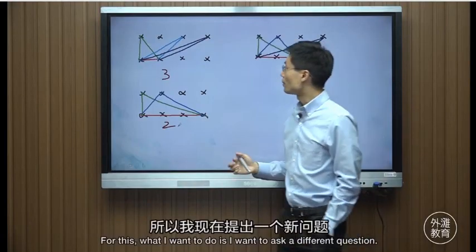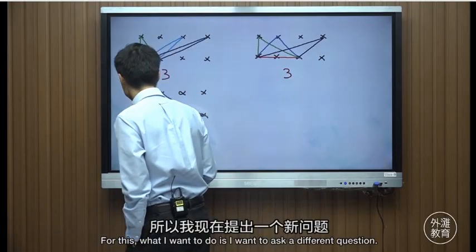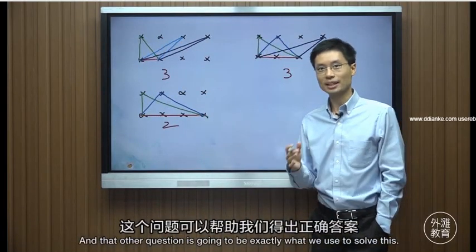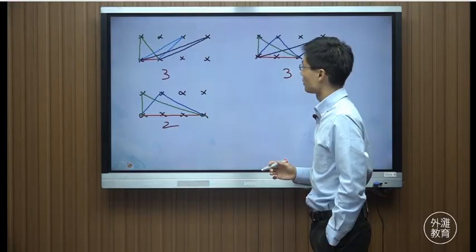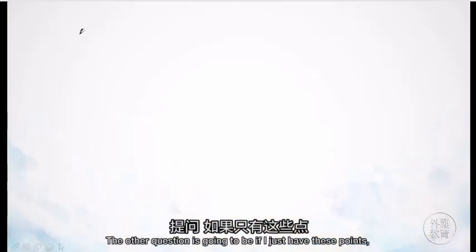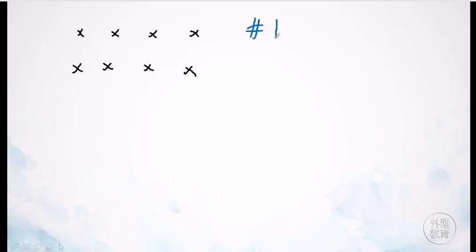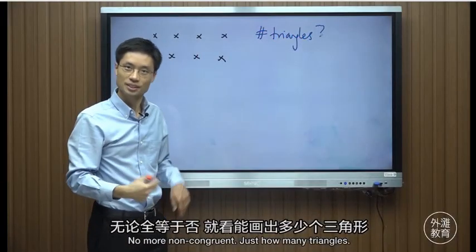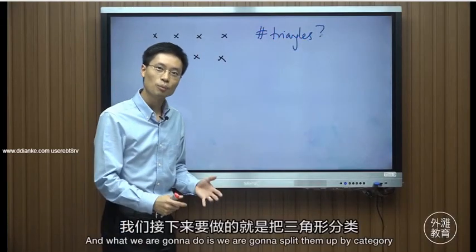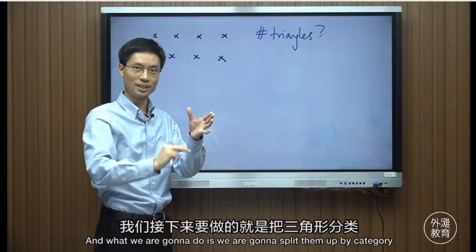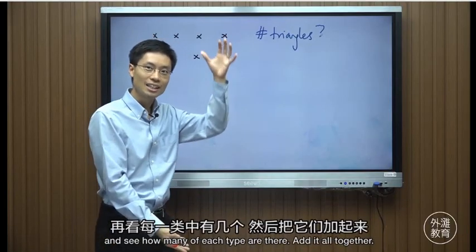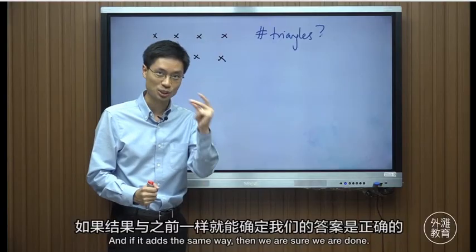For this, what I want to do is I want to ask a different question. And that other question is going to be exactly what we use to solve this. The other question is going to be, if I just have these points, how many triangles can I make? No more non-congruent, just how many triangles. And then what we're going to do is we're going to split them up by category and say how many of each type are there, add it all together, and if it adds the same way, then we're sure we're done.